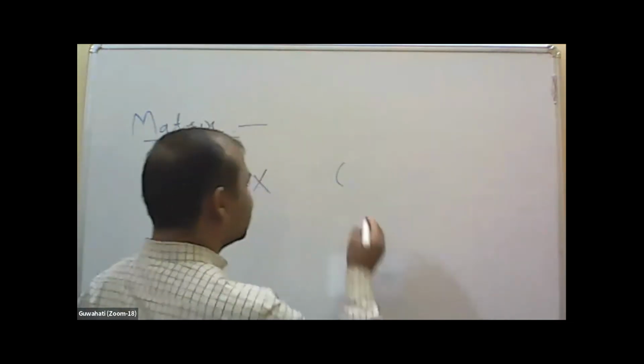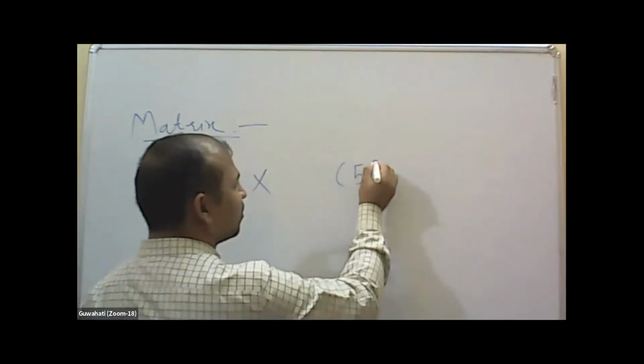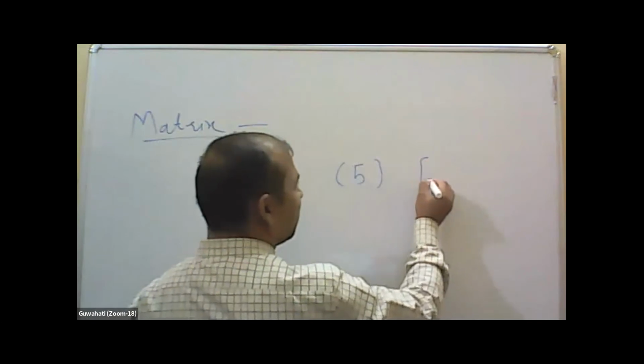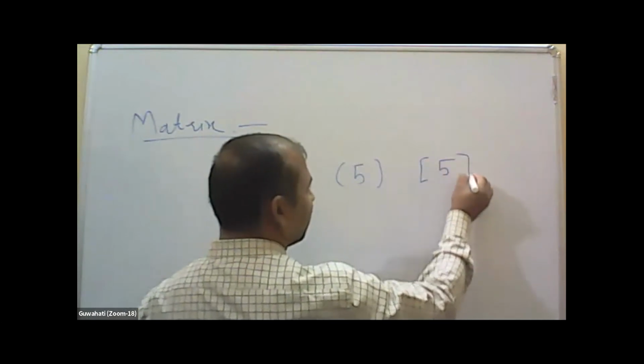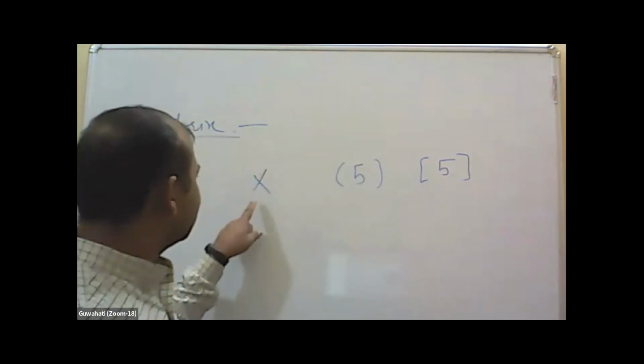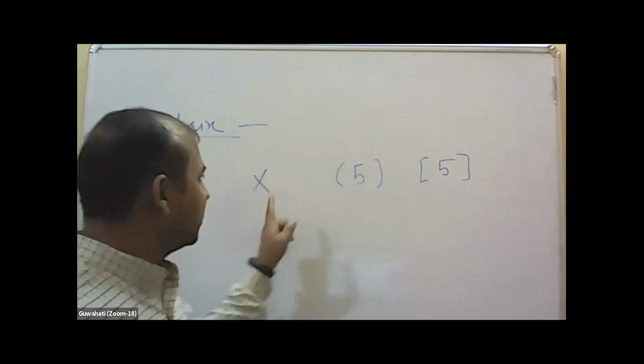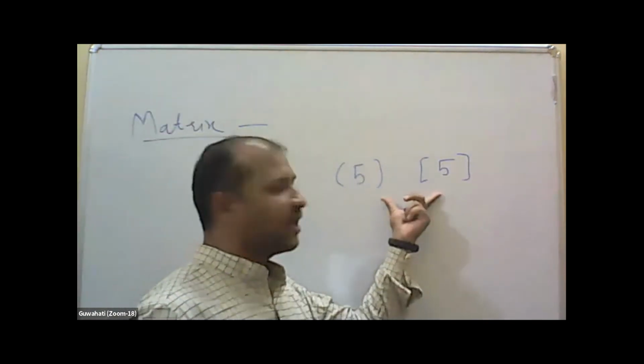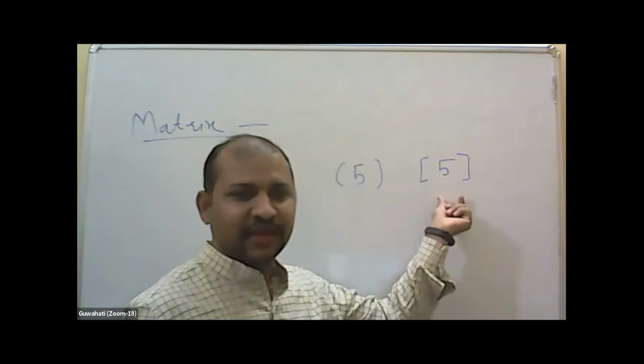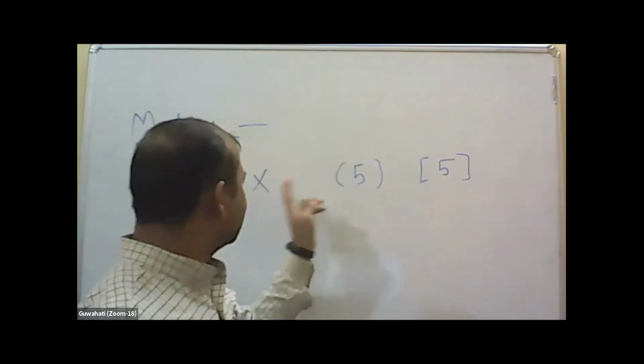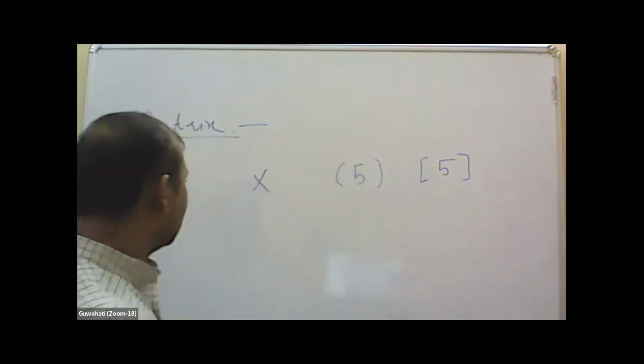Pens. Okay, then suppose I wrote either like this or like this. What I am saying is, the person called X has 5 pens, right? I want to indicate this, so I wrote it like this.